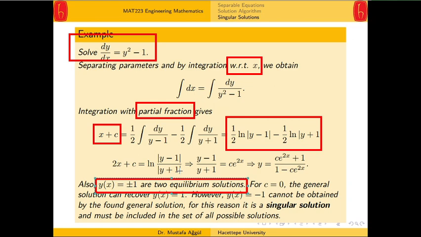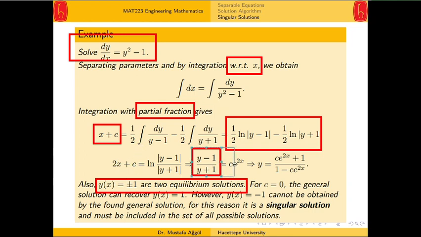Again, if you consider this natural log function and put both sides on e power, you will see y minus 1 divided by y plus 1 is equal to c times e to the 2x. This is again c, because e to the c is another constant c.